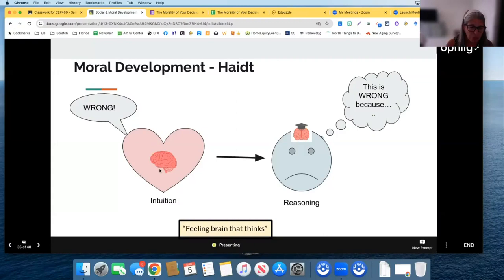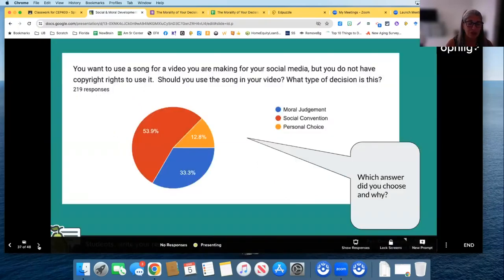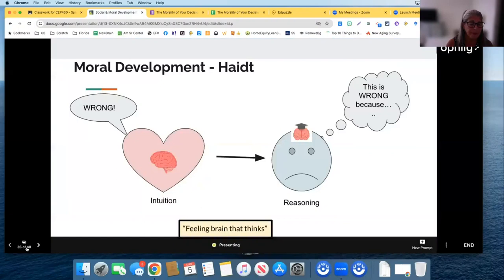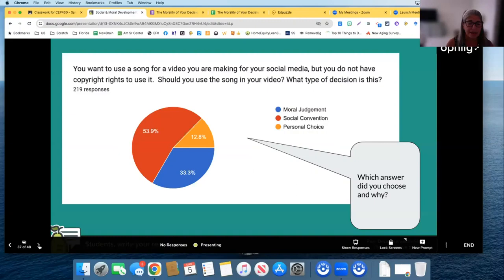We start with this intuition, but because of reasoning, we can move into thinking something different and going past our intuition. And that is through conversation, through experience, through socialization. We can then change what we thought was wrong and maybe change our mind.